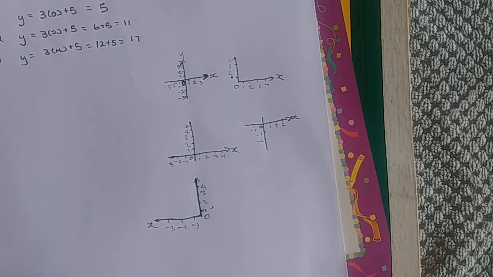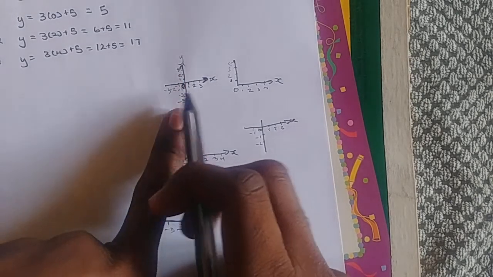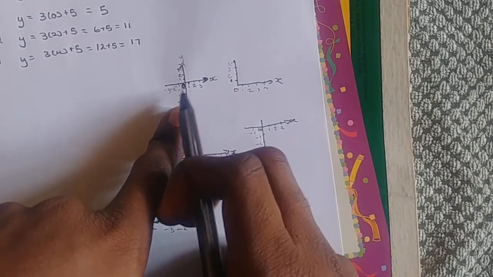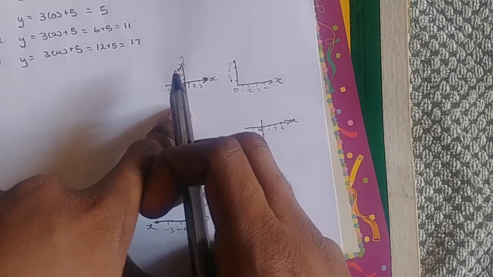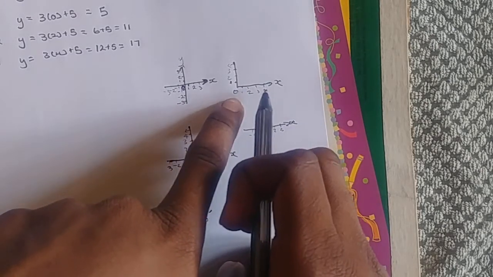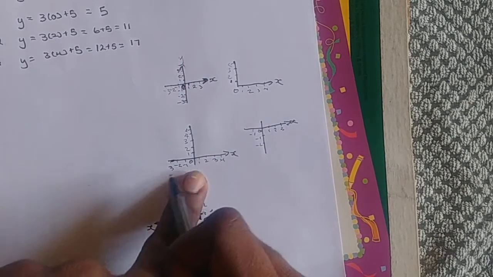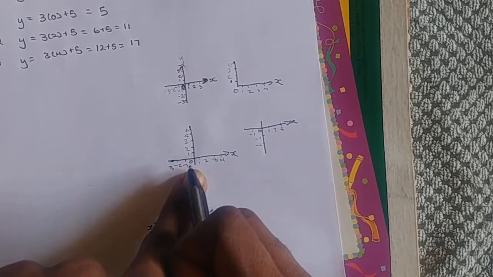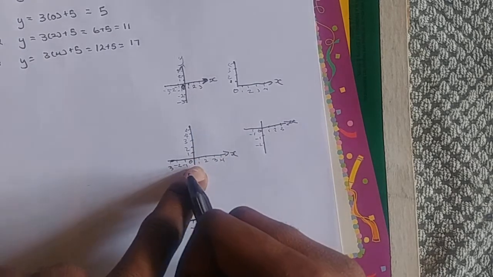Now the scale might change the way I read numbers, but that's not what the focus is on now. The point is, this one, the x-axis has both negative and positive values. The y-axis as well has both negative and positive values. For this one, the x-axis only has positive values, and the y-axis only has positive values. For this one, the x-axis has both positive and negative, but the y-axis only has positive values.